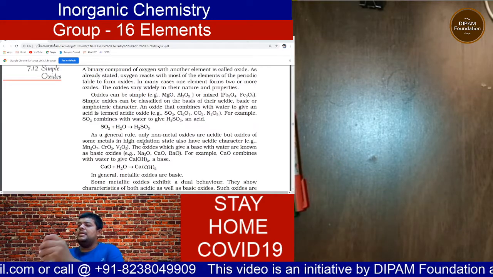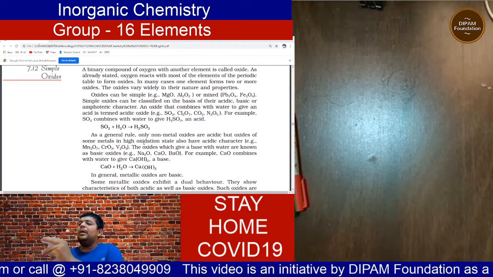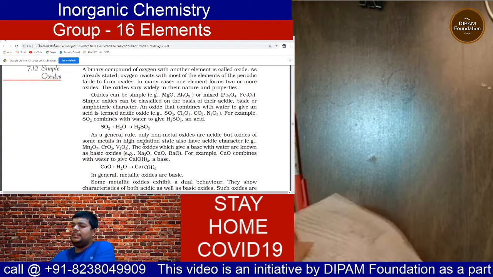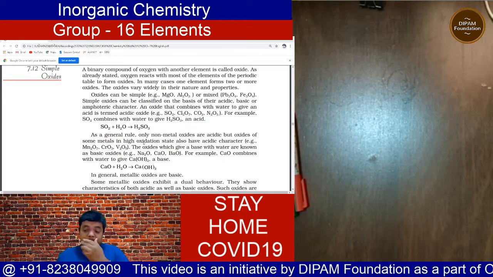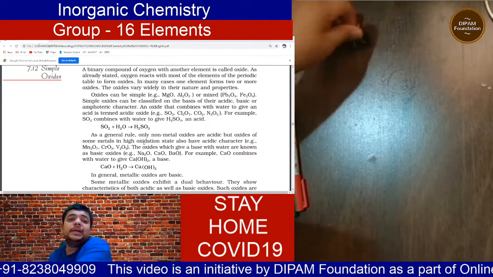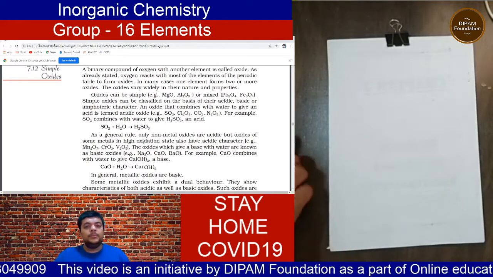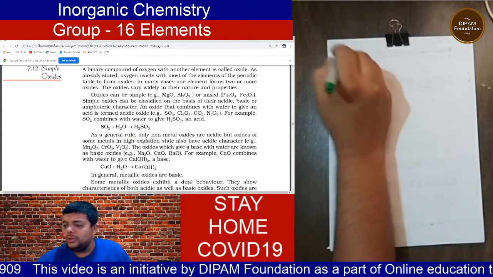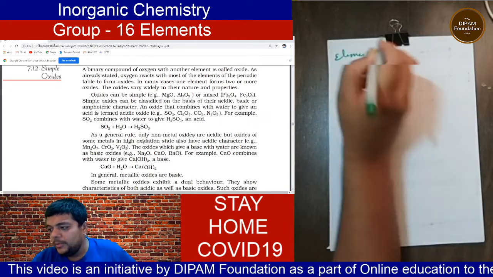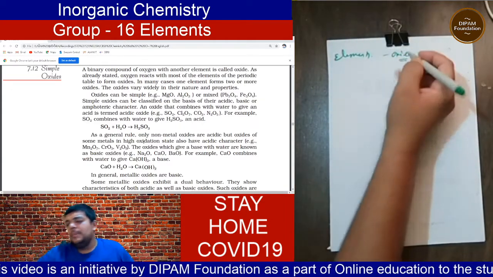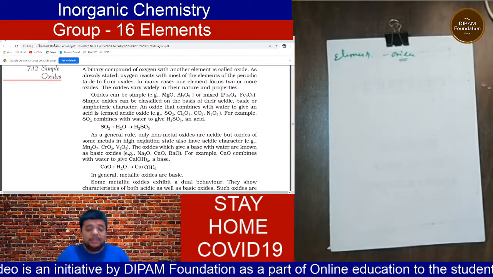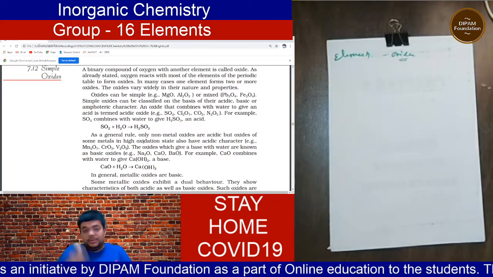Now we are moving towards few other simple oxides and theory related to it. Over here, we will be discussing the oxides of metals, the oxides of non-metals, and even when required, we will still move a step further by discussing their properties.